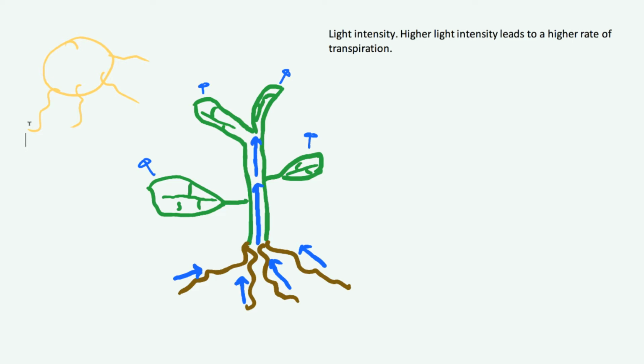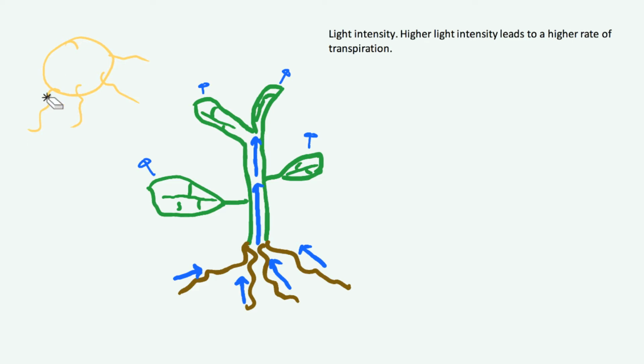Well, how is a large amount of CO2 going to come in? Well, it's going to come in through the stomata. And so the guard cells actually open the stomata to allow that CO2 to come in. And that's a good thing. However, the result of that, if you have your stomata open, is that it leads to a higher rate of transpiration. Okay, so the light intensity is actually causing the guard cells to open the stomata, and the fact that the stomata are open leads to this higher rate of transpiration.